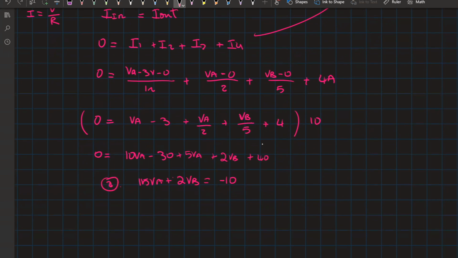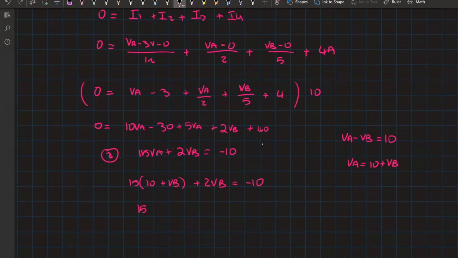And now we remember from equation 1 that VA minus VB is equal to 10. Therefore, VA is equal to 10 plus VB. So we can substitute VA in this equation. So we have 15 times 10 plus VB, plus 2 VB is equal to negative 10.